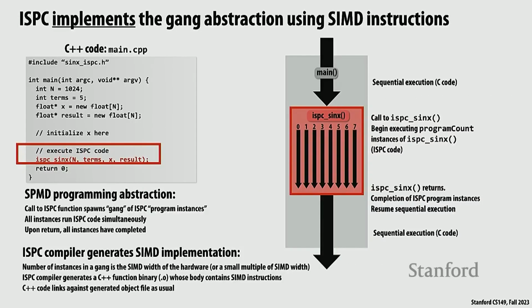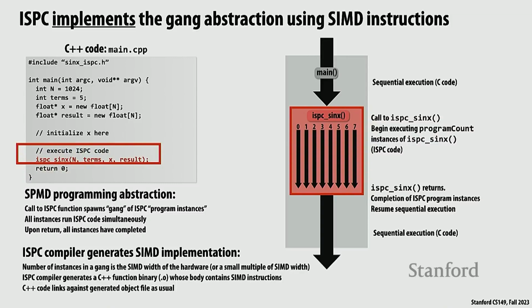Now we're going to get to implementation. The implementation is not going to be run the sinx function program count times back to back to back. What the ISPC compiler is doing for you under the hood, without you thinking about it, is exactly the program transformation that you implemented in part 2 of your assignment.